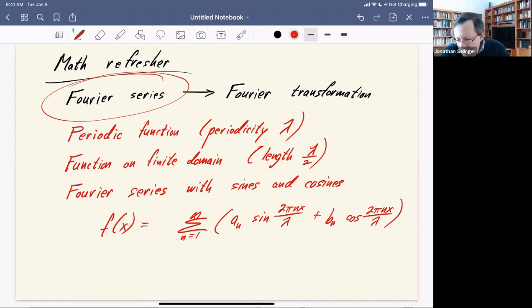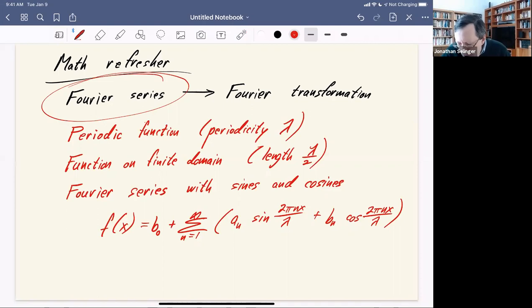The sine and cosine functions both have an average value of 0. So if your function f of x has an average value that's not 0, we better add that on separately. So we'll say b_0 plus that. So this is one way of writing a Fourier series.